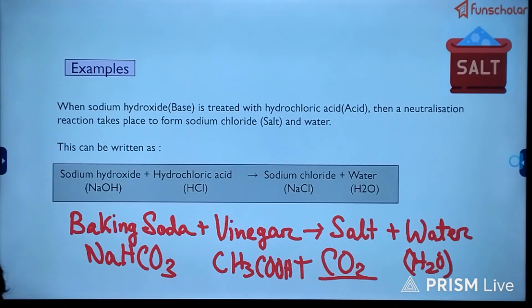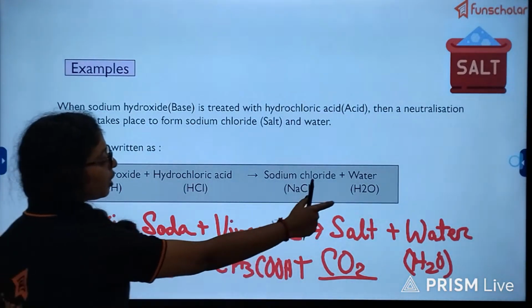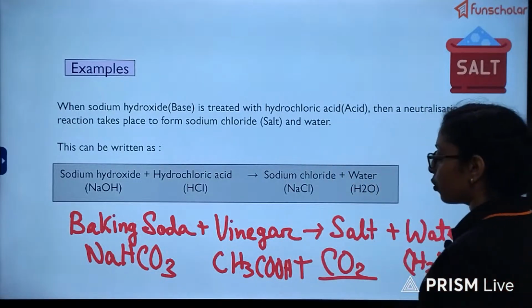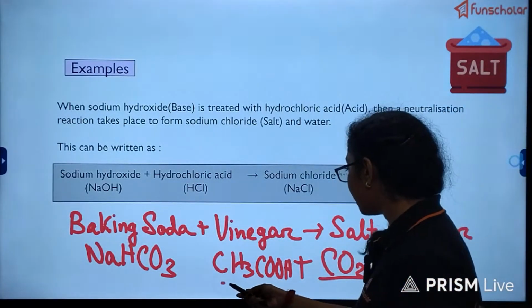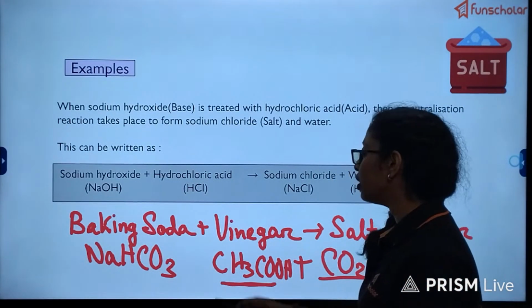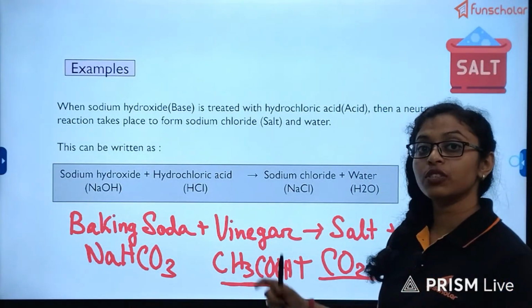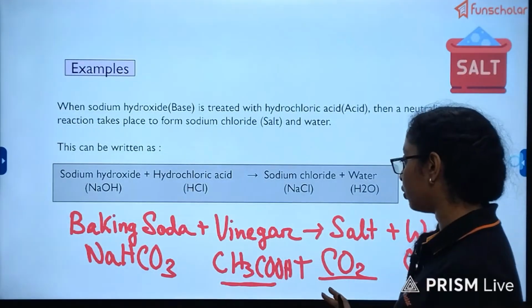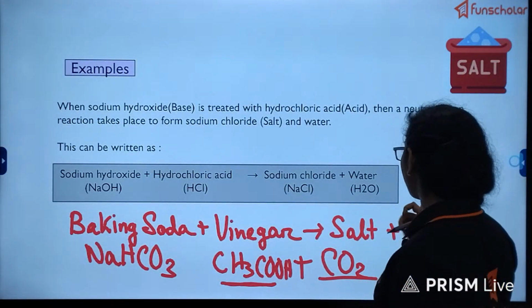Now, can you tell me what the formula of this particular salt is going to be? If this is the acetate, right? I have already said that the salt formed here is one type of acetate salt. Okay, so it will be sodium acetate.